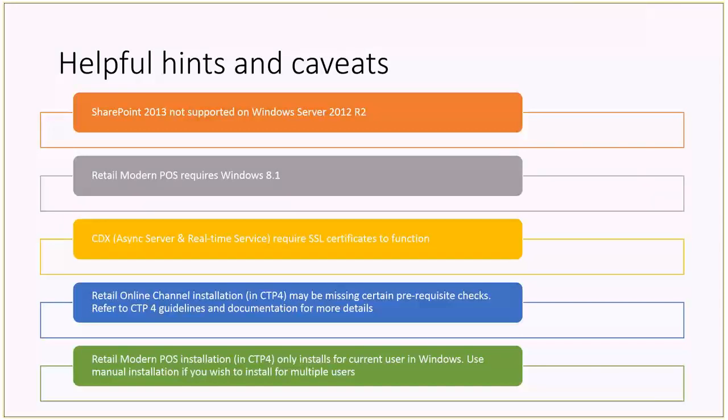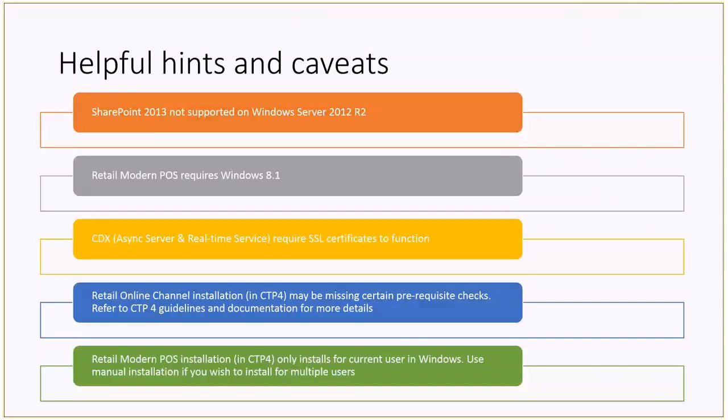It's probably just a matter of time before official support is provided and announced for this version of SharePoint on Server 2012 R2. But as of now, SharePoint 2013 only works on Windows Server 2012. So you can try it out on that version of Windows, or you can wait for a certain period of time before the support becomes available.